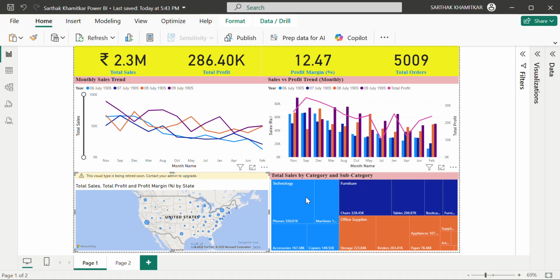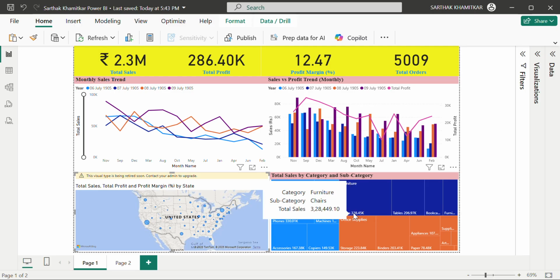Now let's get on to the tree map visualization to show total sales by category and subcategory. Here, larger tiles represent higher sales contribution. For example, technology, that is phones, machines, accessories. In furniture, they are the chairs, tables, whereas in office supplies, the maximum are storage and binders that we use.